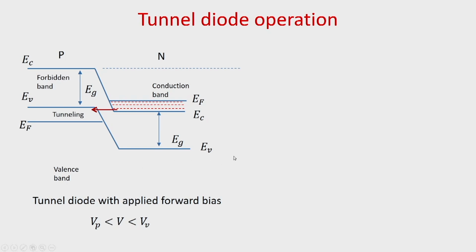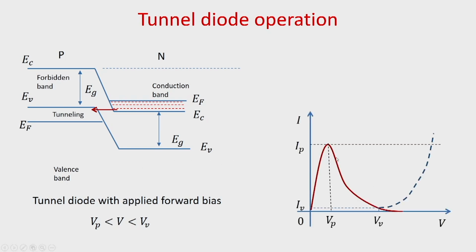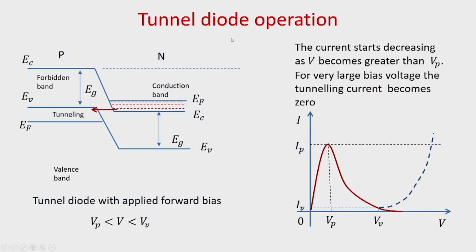So, we see that in this part from Vp to Vv, the voltage increases, but the current actually decreases, and as we keep on increasing the voltage, for very large bias voltage, finally the tunneling current will become 0. As I have mentioned, there are two components of current here.